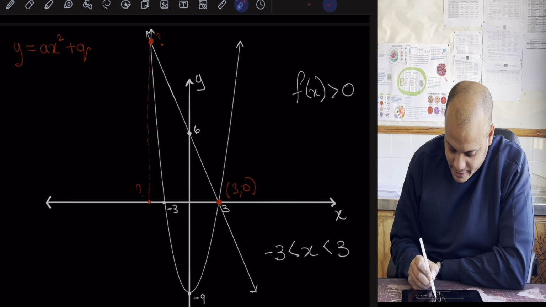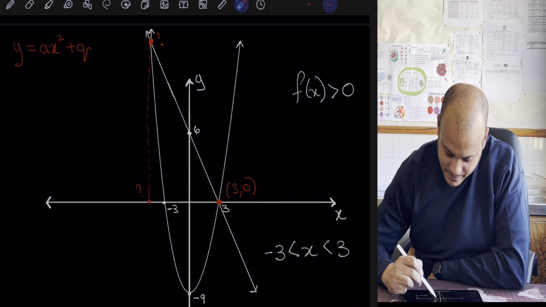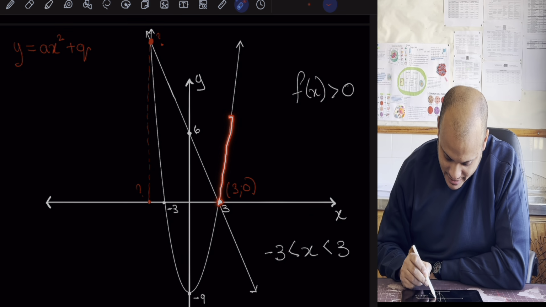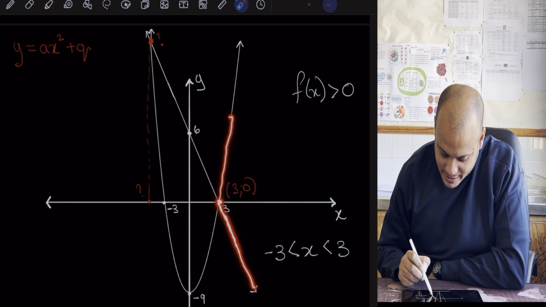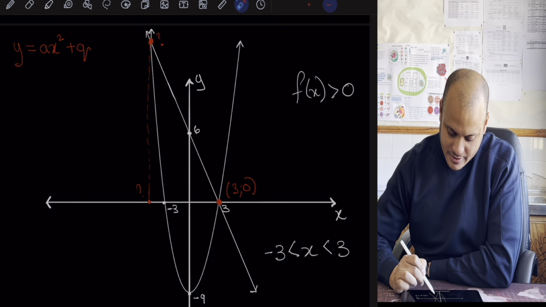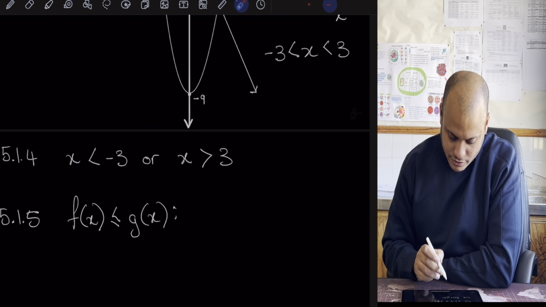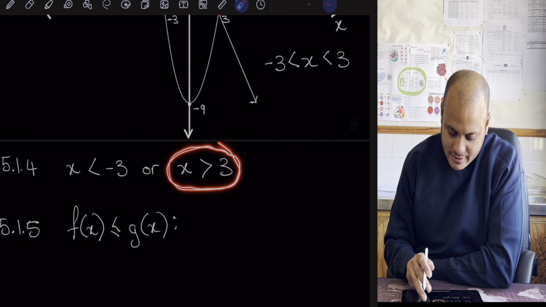Once I cross 3, look at what's happening. As we've seen with the previous question, my parabola is now positive, it's going upward. And from this point 3, my straight line, which has always been decreasing, is now lying below the x-axis. Notice that my parabola, like we said in our previous answer, is positive for x greater than 3.